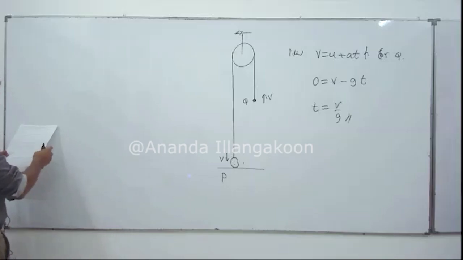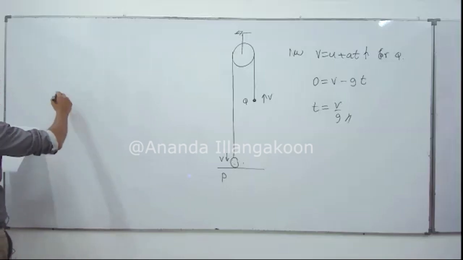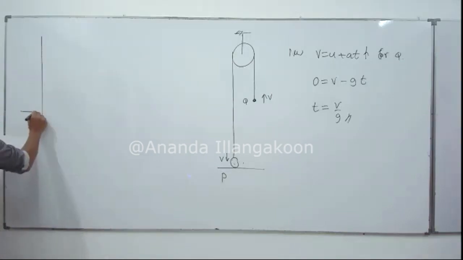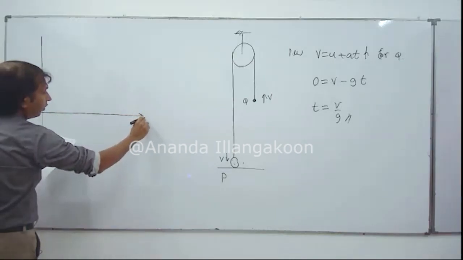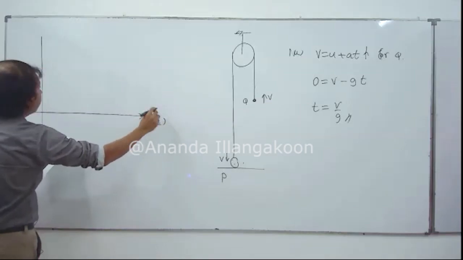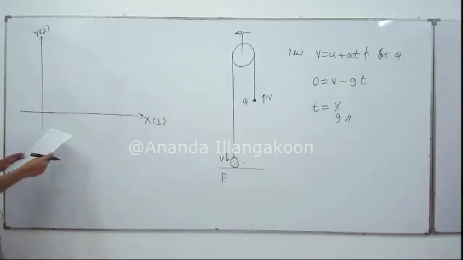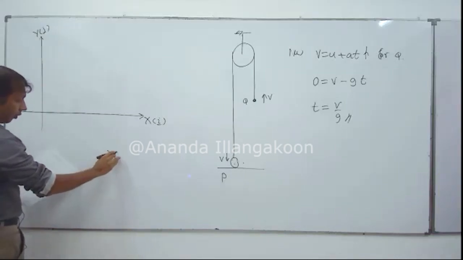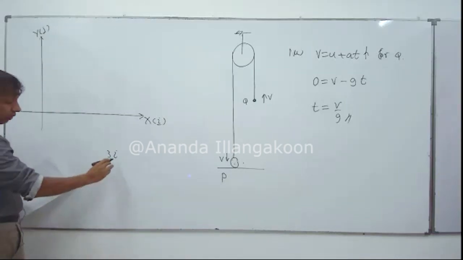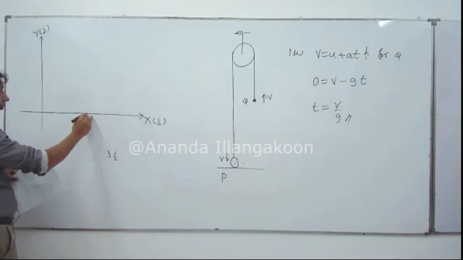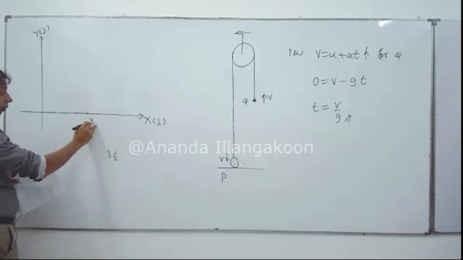Okay, this way we can think. It's not necessary to draw this on the Cartesian coordinate plane exactly. 3i means what? A vector. What is the point? On the x-axis, (3, 0). This is the 3i point.